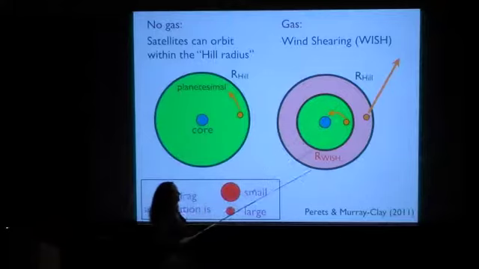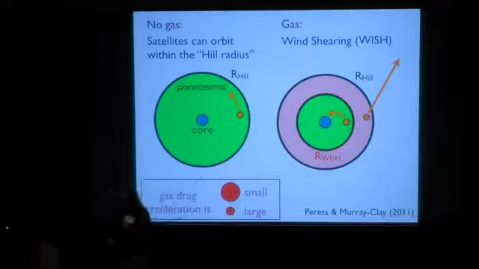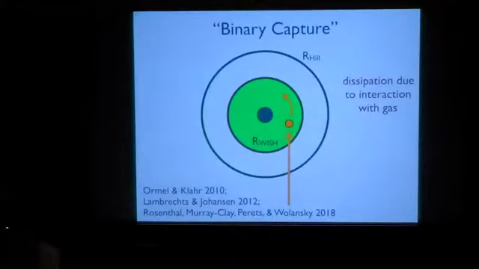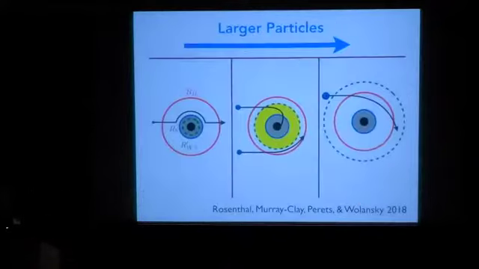And when that happens, we call it instead the whoosh radius. So we have a new stability radius. But within whatever that radius is, you can get captured by dissipation, again, by gas drag. And this has also been worked on by Ormel and Klahr, by Lambrechts and Johansen, and others. And this process can dramatically speed up the formation of cores.